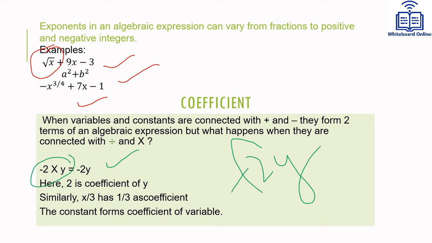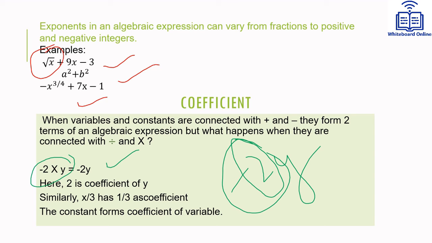Then what can we say about minus 2? Minus 2 is the coefficient of y. They do not form different terms, but minus 2 is known as the coefficient of y. Whatever constant you have with a variable in an algebraic expression, that constant is considered the coefficient.